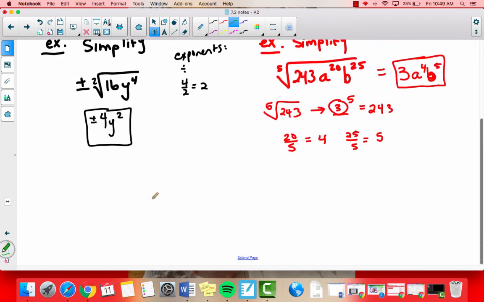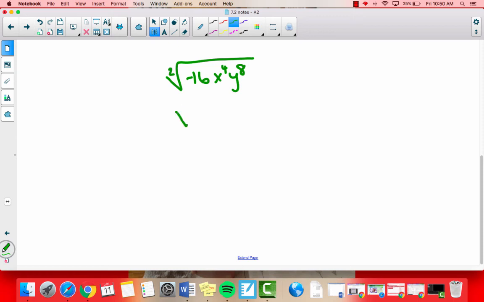Let's try one more. Let's say we have the square root of negative 16 x to the fourth y to the 8. So again, there's no number here, so we assume that it's a 2. And now we have to go breaking it down each part. So the square root of negative 16, is there anything that will square to get a negative number?